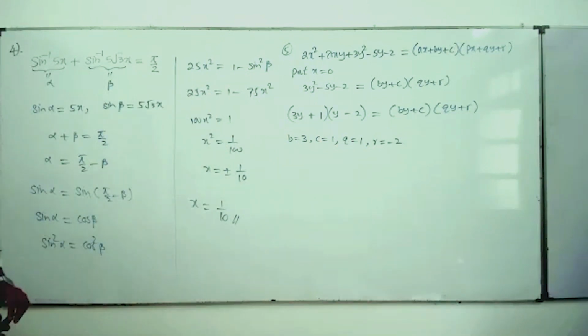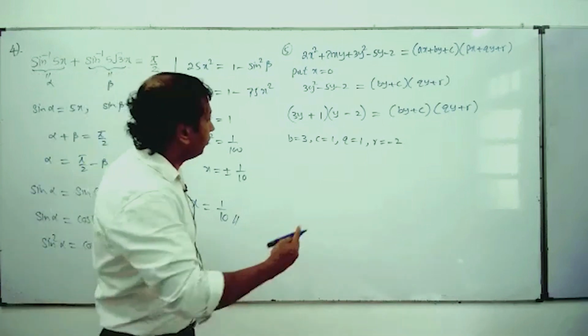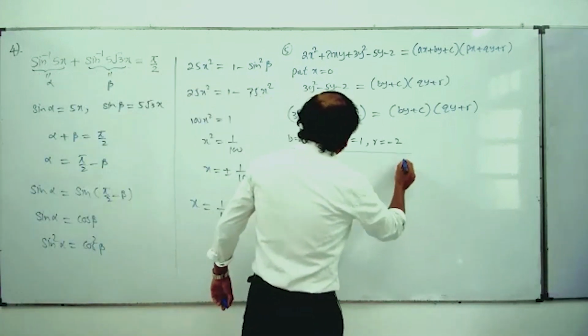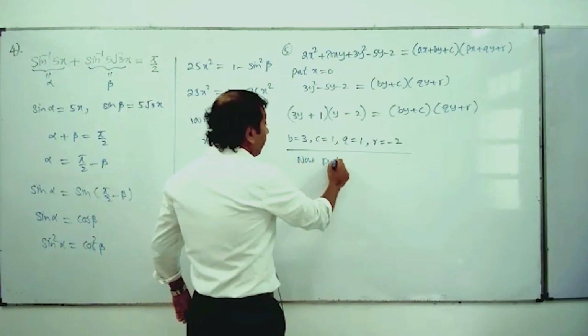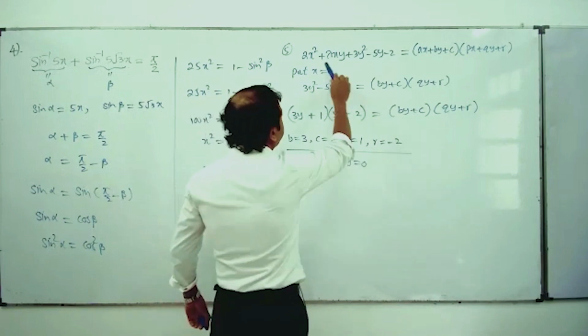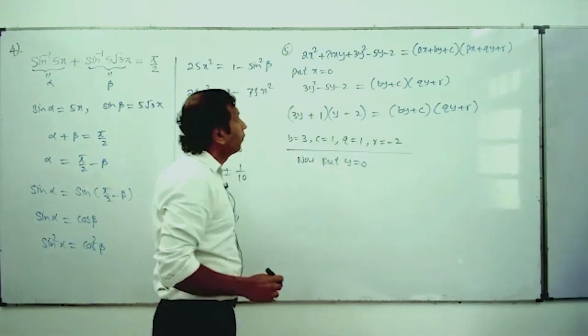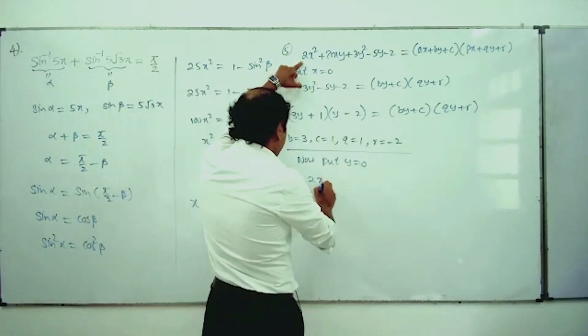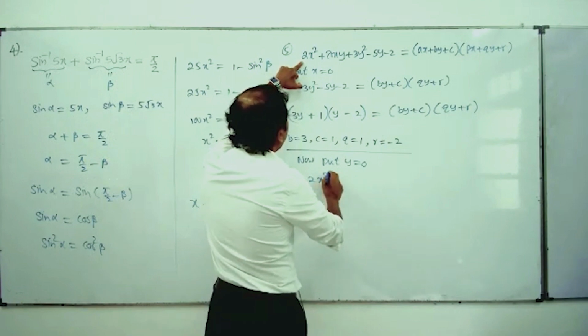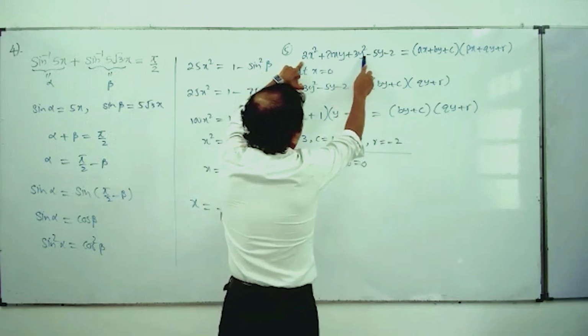Now, 4 unknowns we have. Now put y equals 0 here. When you put y equals 0, there we get 2x squared, this is 0, this is 0, this is 0, minus 2.